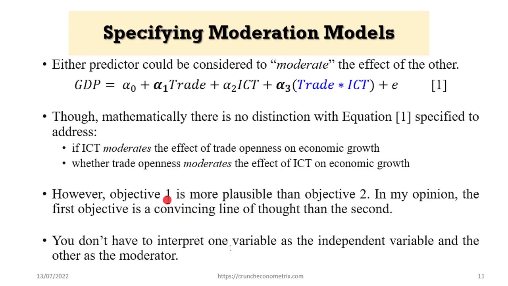That is, objective 1 is more plausible than objective 2. Like I said, this is my opinion because the first objective sounds more convincing than the second one. So, ICT moderating the effect of trade openness on growth sounds more plausible than analyzing if trade openness moderates the effects of ICT on growth.